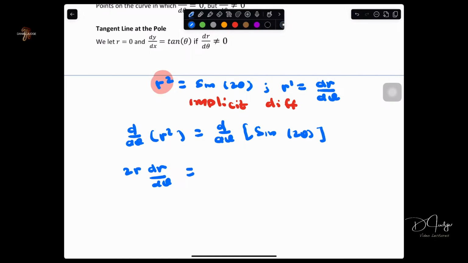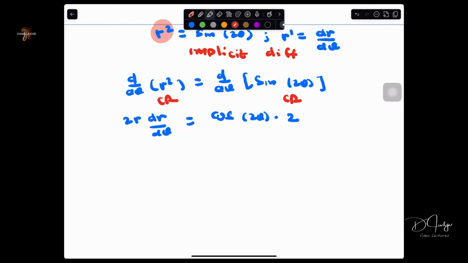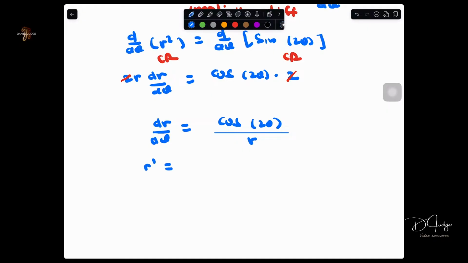There's going to be our r prime. Now the derivative of sine 2 theta is cosine 2 theta, but by chain rule, and you're really using chain rule on both sides, we get 2. So it looks like I can cancel my 2's here. And we can simply say that dr d theta will become cosine double theta over r. So I just solved for dr d theta, or r prime that we're looking for, is cosine double theta over r.